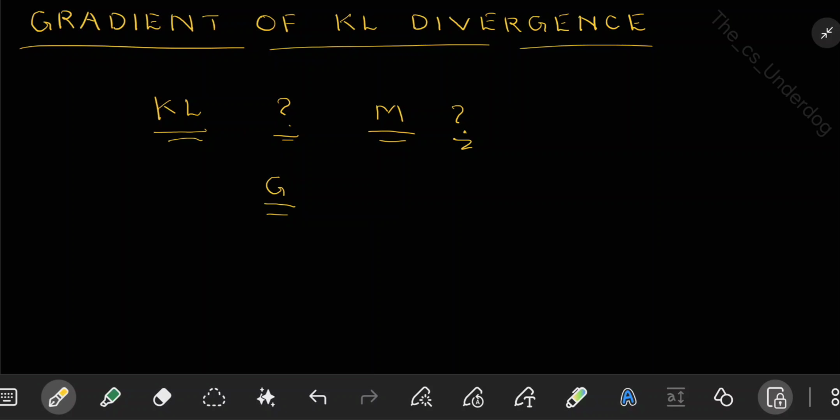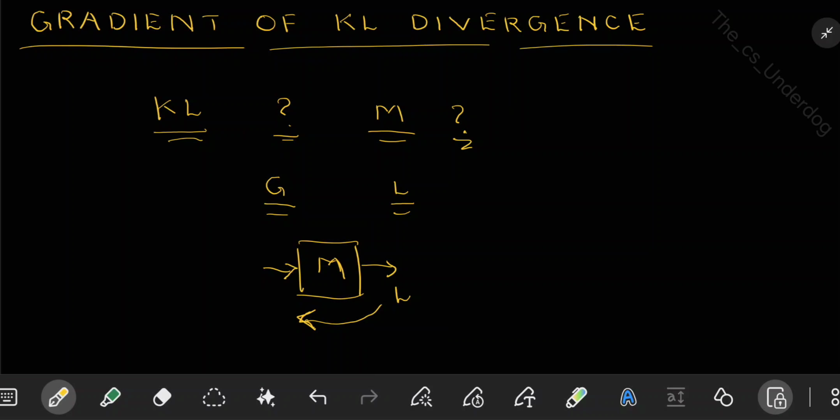One thing that I always tell you is that whenever you learn about a loss function in machine learning, it is very important that you know how to find the gradient. This is because if you have a model and you want to update the model parameters, what do you do? You pass your input through the model, you get the output, then you calculate the loss, and then you back propagate this loss.